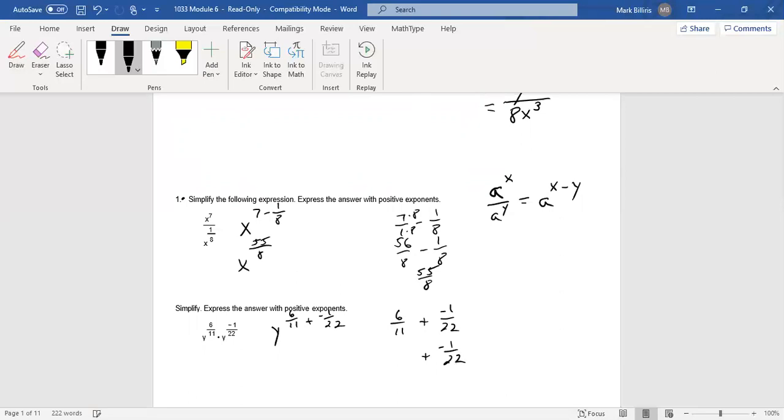So we need to multiply numerator and denominator of the 6 over 11 by 2, and that gives us 12 over 22. Now we add 12 over 22 plus -1 over 22, and that gives us 11 over 22, which can be reduced to 1/2. So the answer to this would be y raised to the 1/2 power.